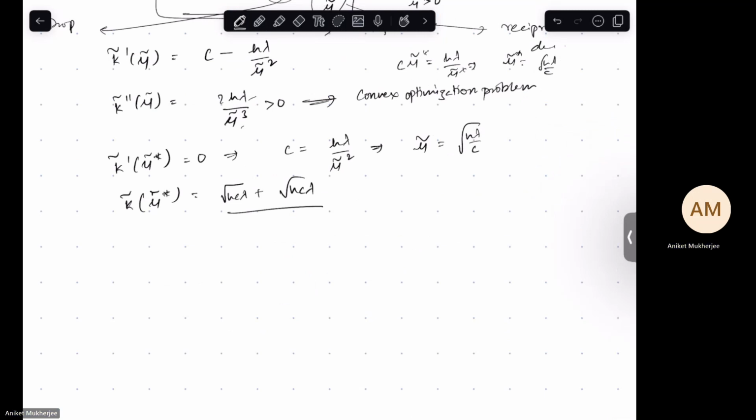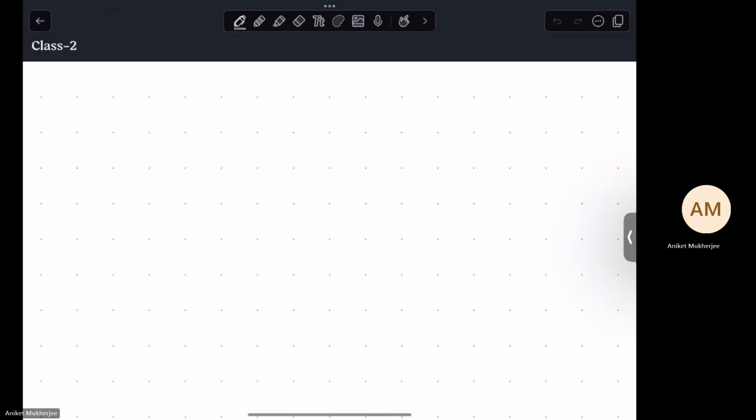So today we will talk about optimal arrival rates. Again, we'll consider the MM1 FIFO system.